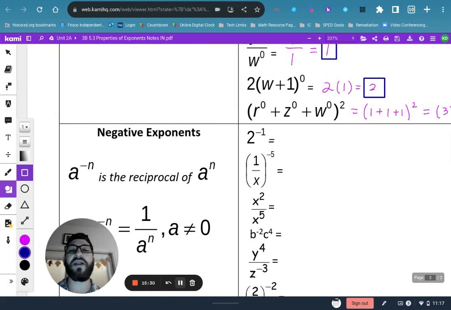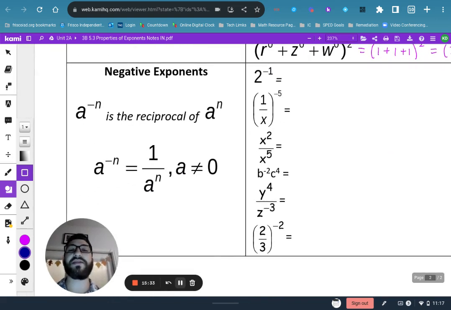So the very last thing we're going to talk about is negative exponents, and this is both the simplest one and kind of the hardest one for people to understand typically. So negative exponents mean to take the reciprocal. So a to the negative n is the reciprocal of a to the n. So if I have a to the negative n, then that would be equal to 1 over a to the n.